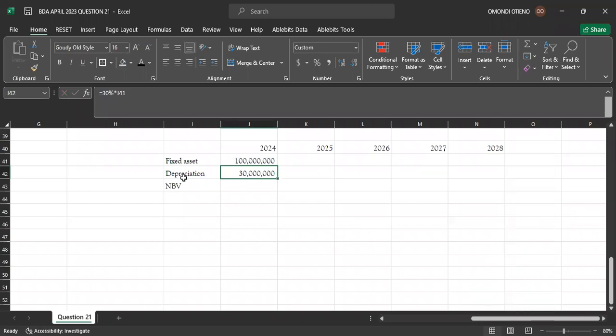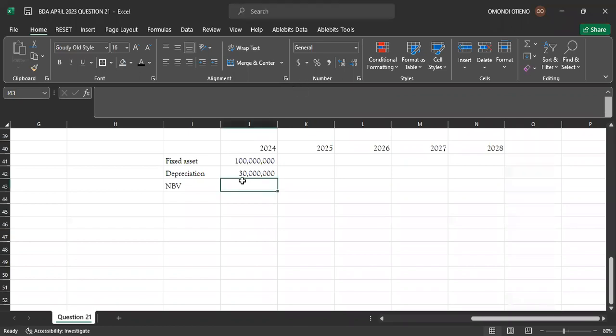Now, how do we get net book value? We've done FR, financial accounting. So how do we get net book value? Cost minus depreciation, if it is on reducing balance method.